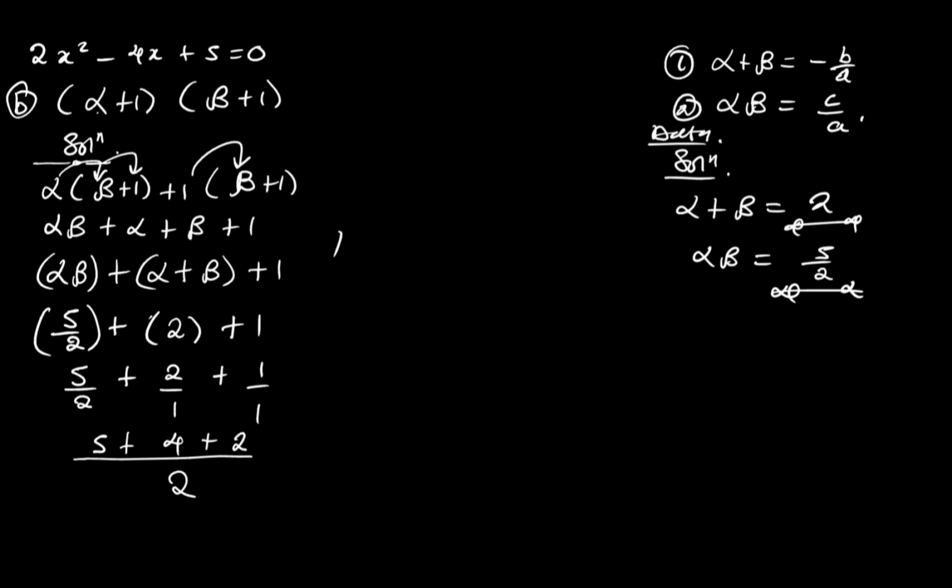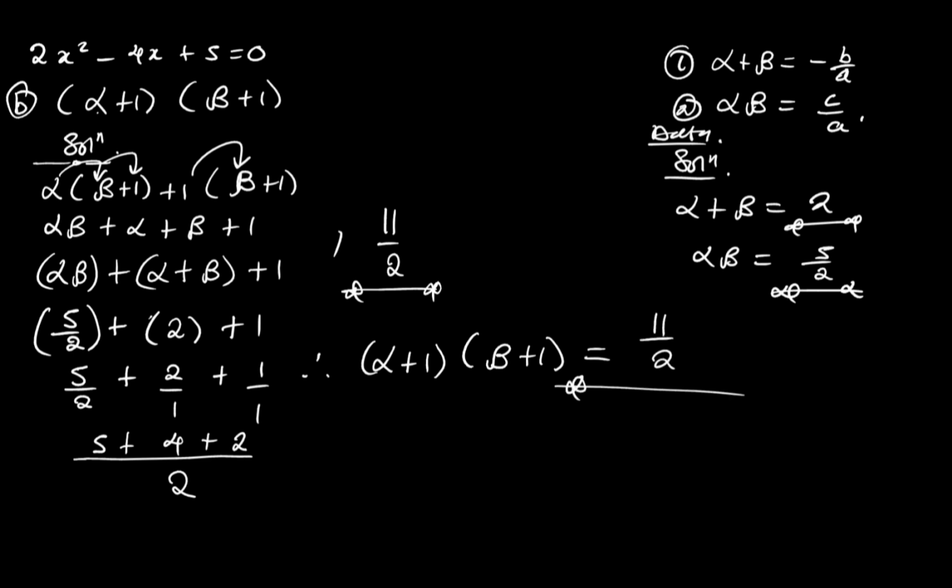So 4 plus 5 is 9, plus 2 is 11 over 2. So I'm having that as my answer. Therefore alpha plus 1 times beta plus 1 is basically equivalent to 11 over 2. And that's how you go about solving such a question.